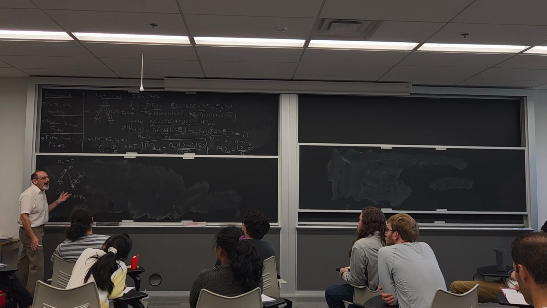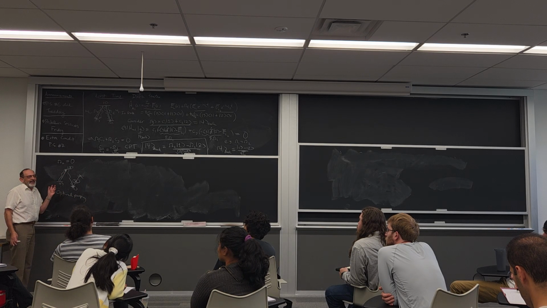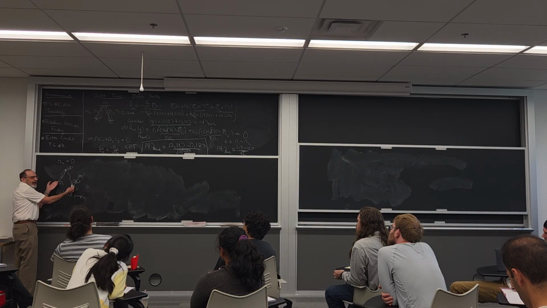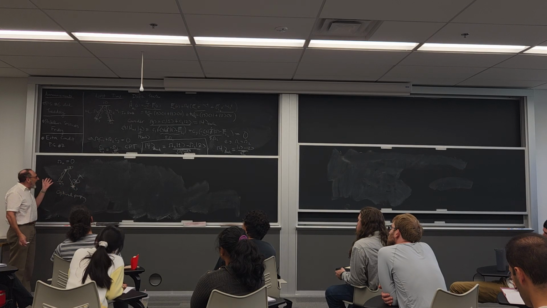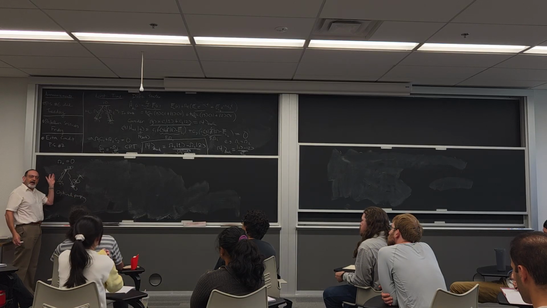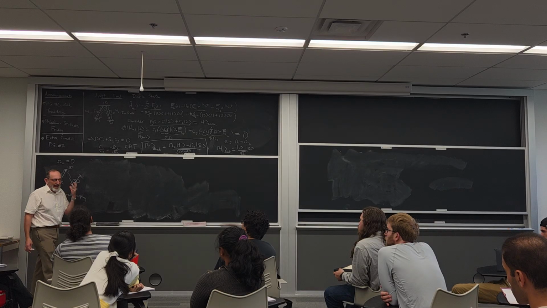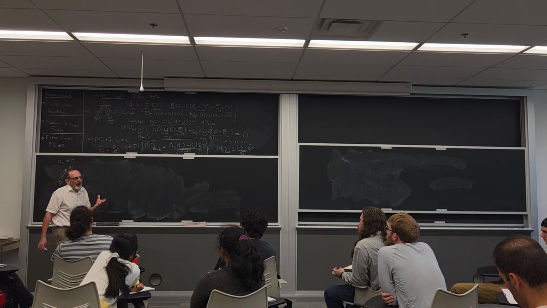This is how we prepare pure states in atomic physics. This is a kind of cooling, in the sense that if I had a mixed state of some kind, I will purify it, reduce the entropy, and make a pure state. That's a very simple example of getting to a dark state.